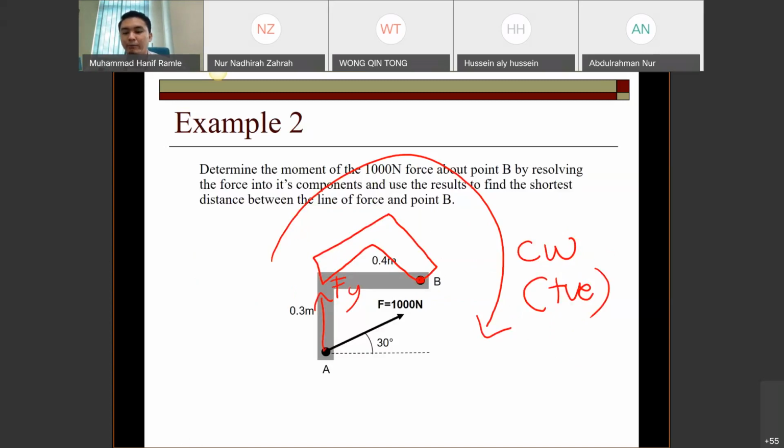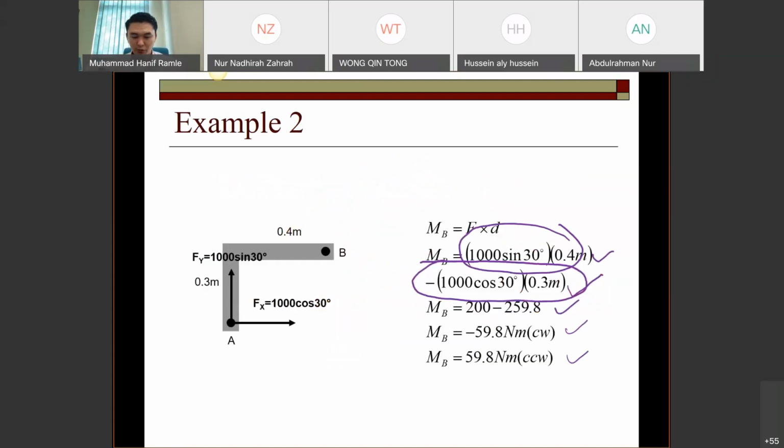Great. If you have a problem, if you go through the exercise, you will get the idea on how to get positive and negative values. Of course, you will get this answer.